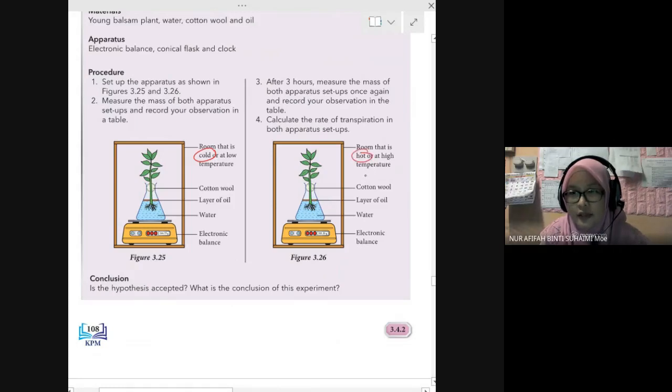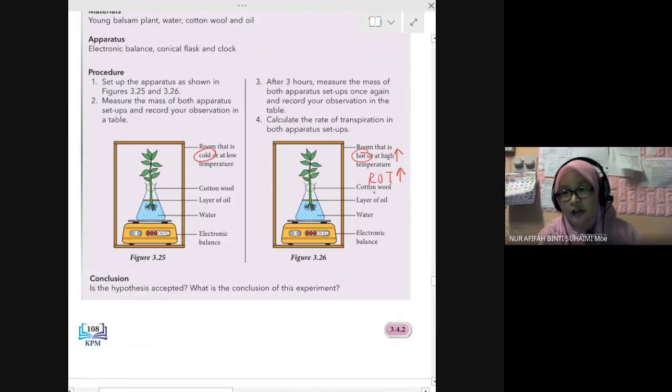High temperature causes the plant to need more water, so transpiration occurs faster. The rate of transpiration increases if the temperature is higher.